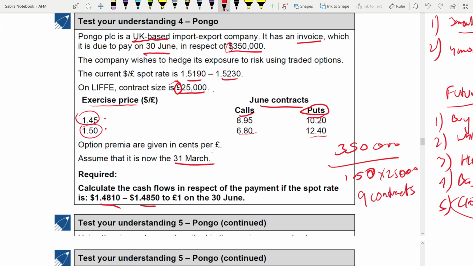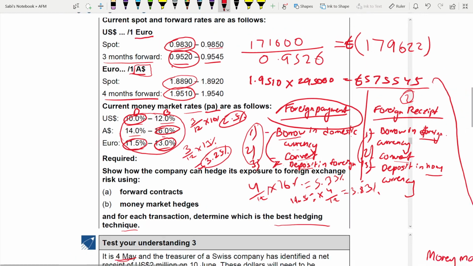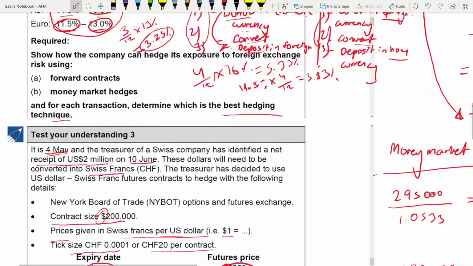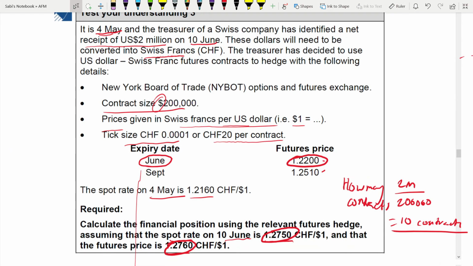And if it is 1.45, it is 9.655, so there also we take 9 contracts. Under both exercise prices, it is 9 contracts.